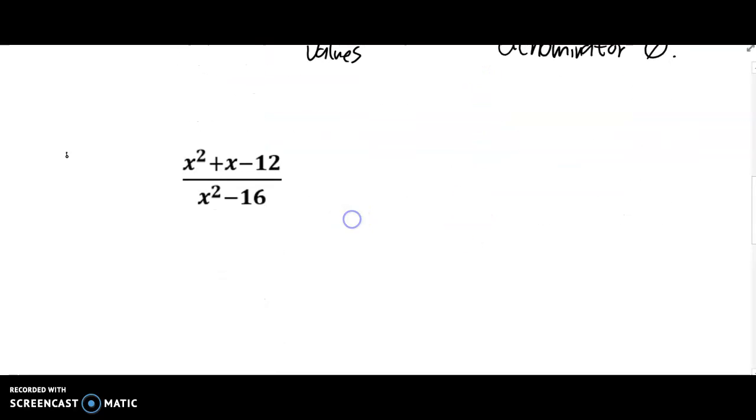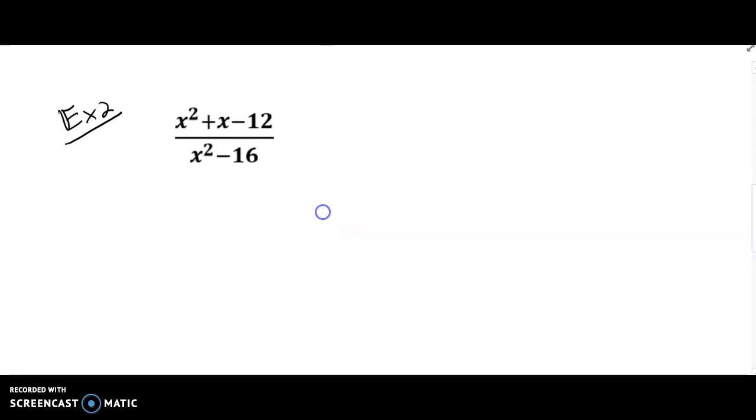Okay, example 2, make sure you write the original problem. Great, same instructions, I want to simplify. So let's start by factoring this guy. Your first step is always factor, because when things are broken down into factors, then you're really able to simplify. Right now, everything's being added or subtracted. So I'm going to factor this guy. I get negative 12 and 1.